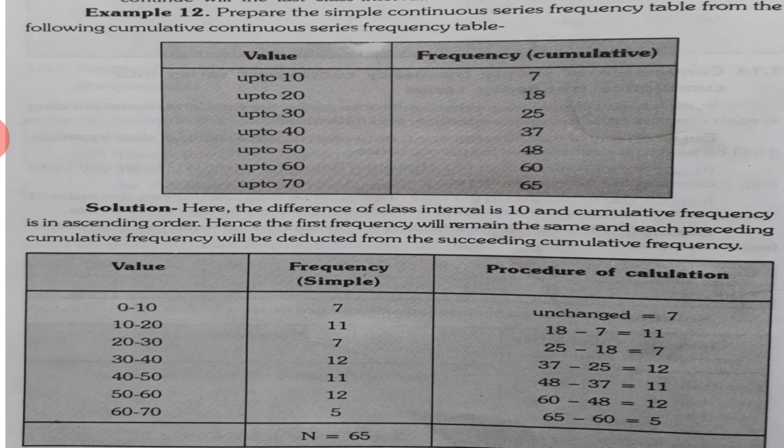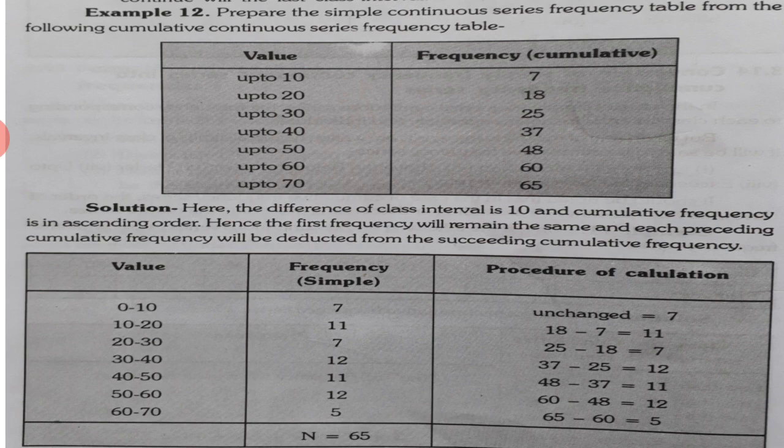It is always in ascending order because cumulative frequency is added. If it is given in descending order, this can also be a cumulative frequency in case of over, or values given like that. In your question you are given cumulative frequencies 7, 18, 25, 37, 48, 60 and 65. They are in ascending order.